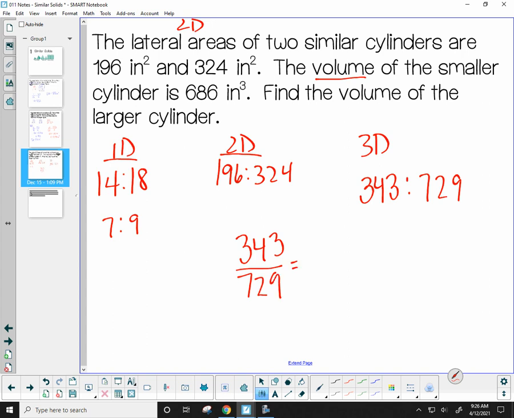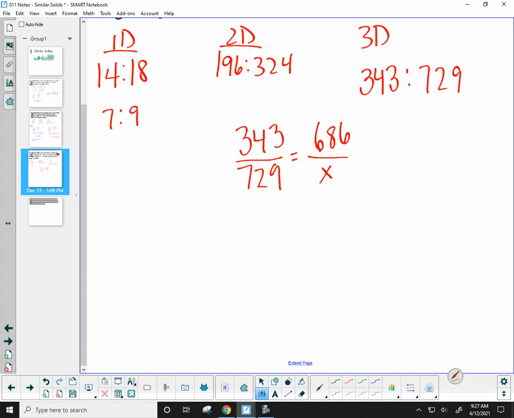That's my first ratio. So the volume of the smaller cylinder is 686. So that needs to go in my numerator, solving for my denominator. So I cross multiply, I have 343x equals 500,094.